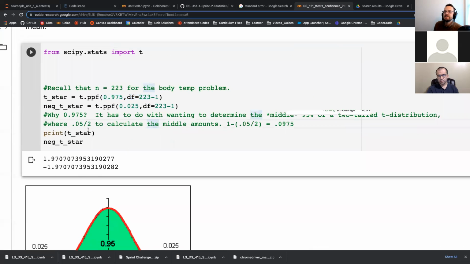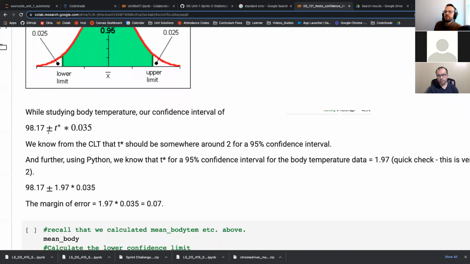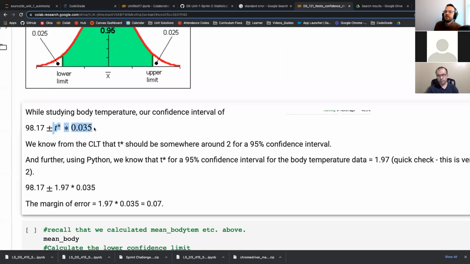When you take that T star and calculate it as part of your calculation for your margin of error, you're essentially taking that T star value, multiplying it times whatever your standard error is going to be, plus or minus your average.